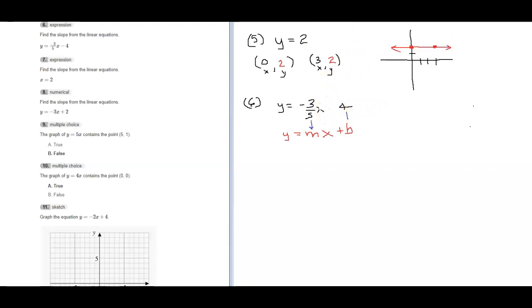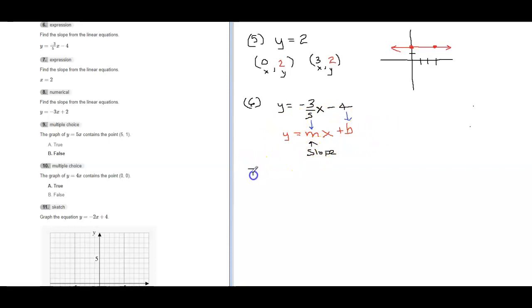So by doing the matching, you can see that negative 3/5 is m. Another name for m is the slope. So who's the slope in this equation? Negative 3/5. And that's how you find the slope of linear equations that are written in this form, y equal mx plus b.